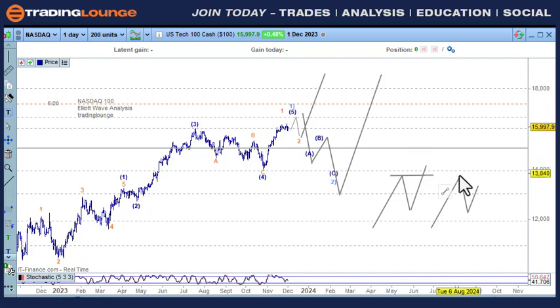The reason for that is that what I was watching is this particular move coming up here. I was wondering if the followers would catch up to the leaders and take this top out here, but that's not going to be the case. So this one here will have to become wave 1 here and 2 here, and then 3, 4, and 5 up here, and then we have a larger correction.